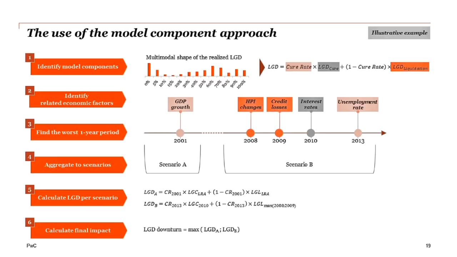Scenario A for the year 2001 and scenario B for the years starting from 2009 till 2013. And we are moving to step number 5, calculation of LGD downturn for each scenario. For the first scenario, scenario A, we identified only worst cure rates, and all other model components are replaced by long-run average values.